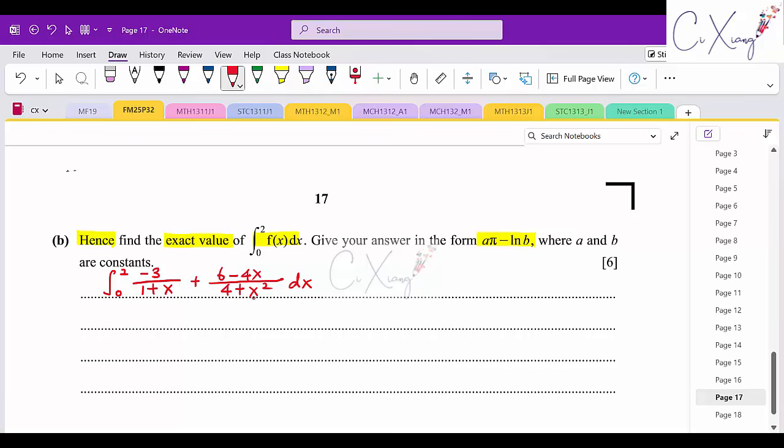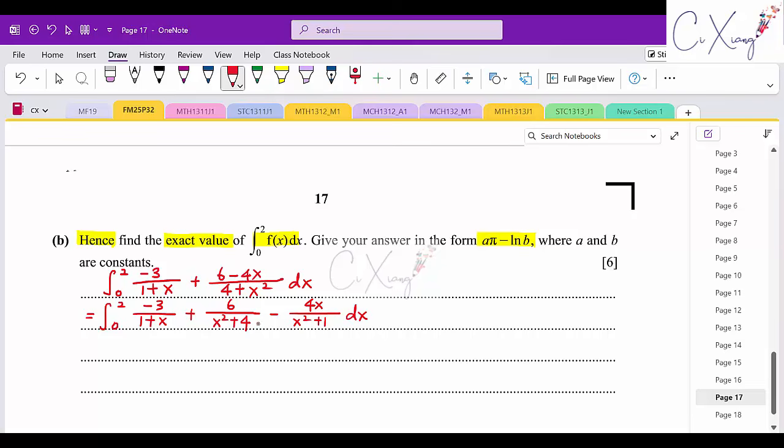You might need to do something before you can integrate it. Maybe what I can do is separate the fraction and see whether it is easier to integrate. So I have 6 over, then I put x squared in front, then minus 4x, also with x squared in front.